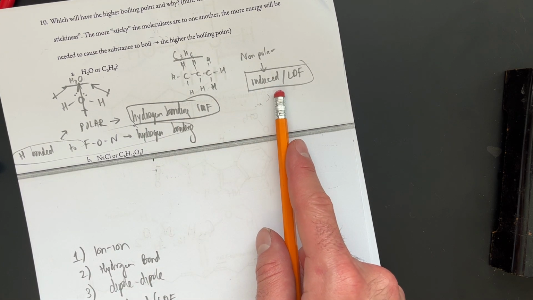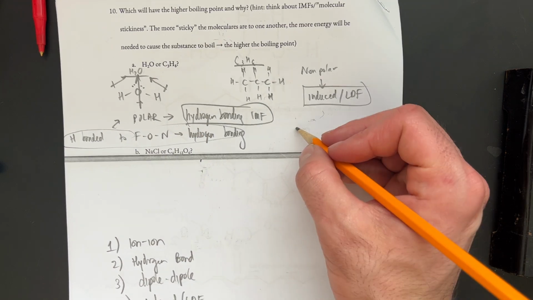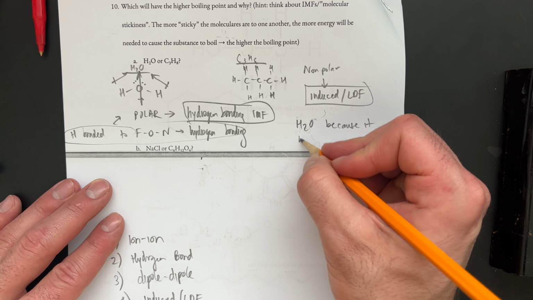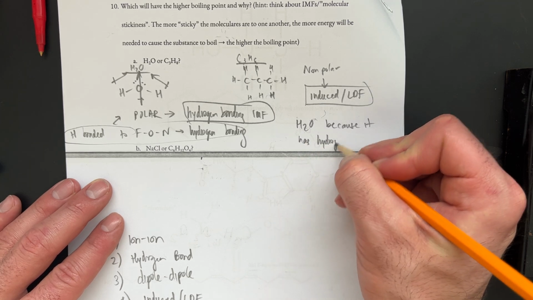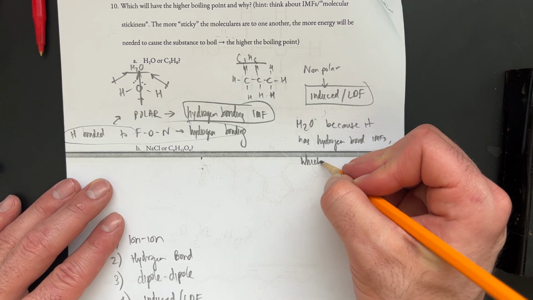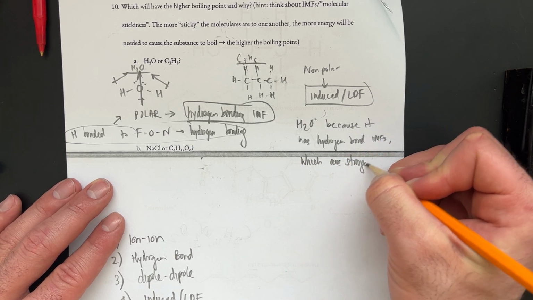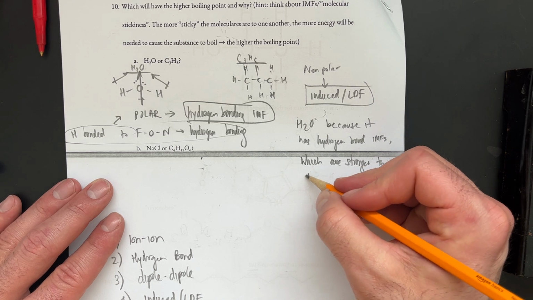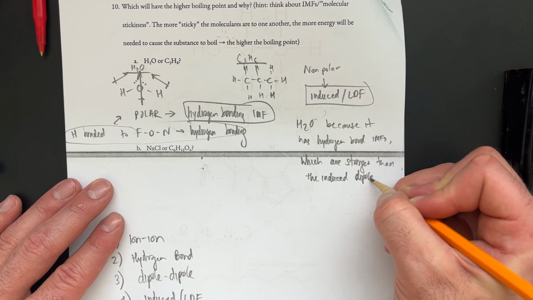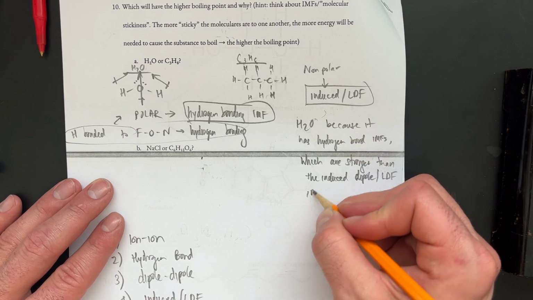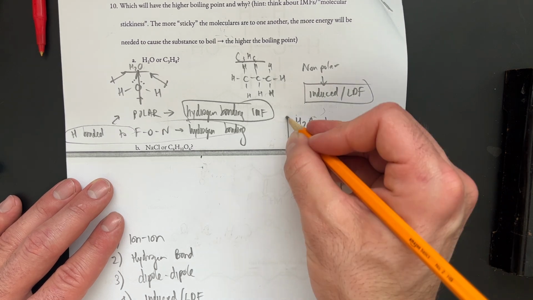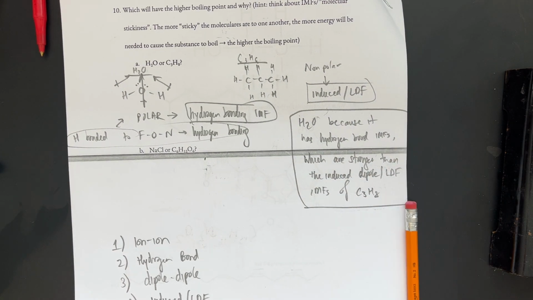Which one is going to need more energy to separate out the molecules? It's going to be H2O, right? H2O, because it has hydrogen bond IMFs, which are stronger than the induced dipole / LDF IMFs of C3H8. Cool, so that's a good thorough answer for that one.